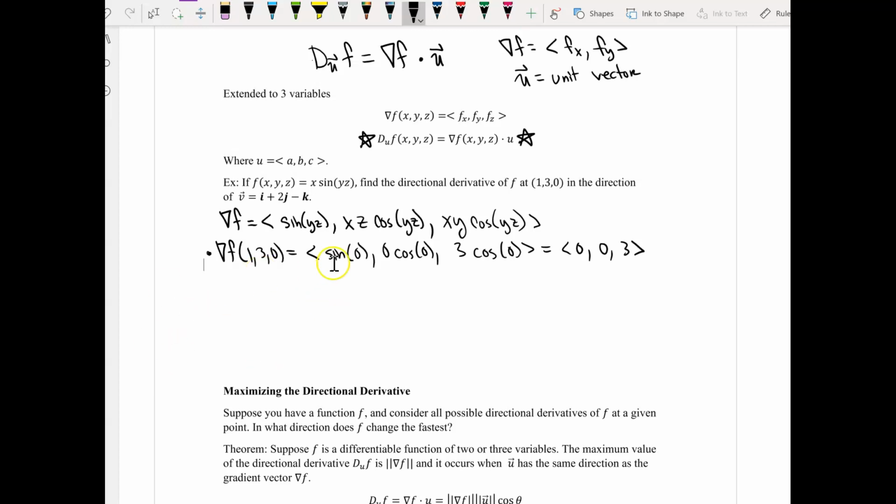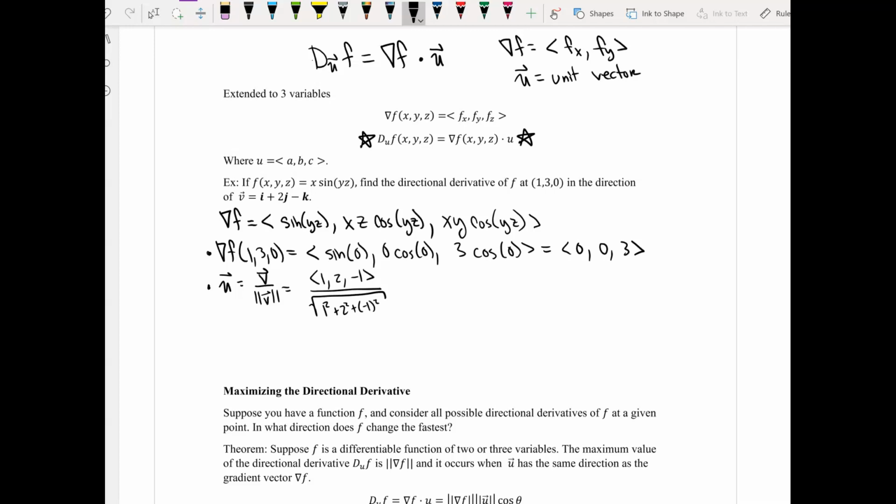Now we got the gradient, so now we have to find the unit vector u. You can look at v and see that v is not quite a unit vector, so we're going to have to normalize it by dividing by the magnitude. So you're going to have 1, 2, -1 divided by the magnitude, which is the square root of 1 squared plus 2 squared plus -1 squared.